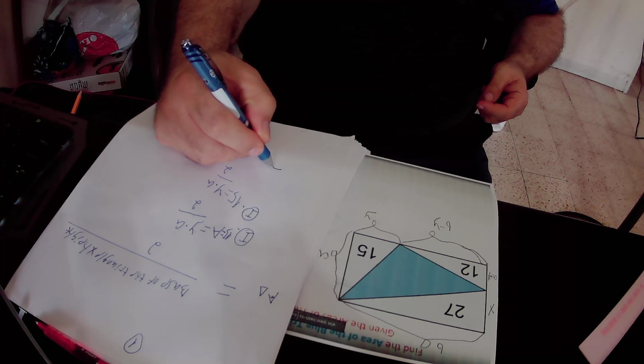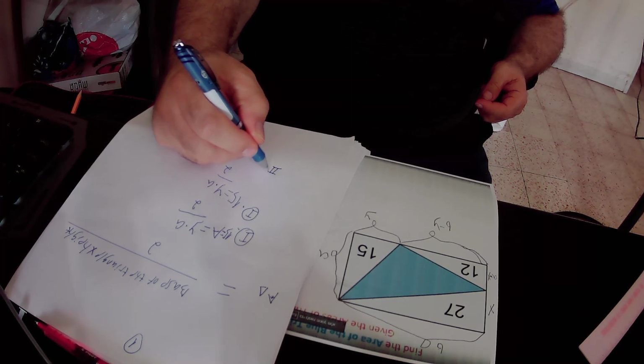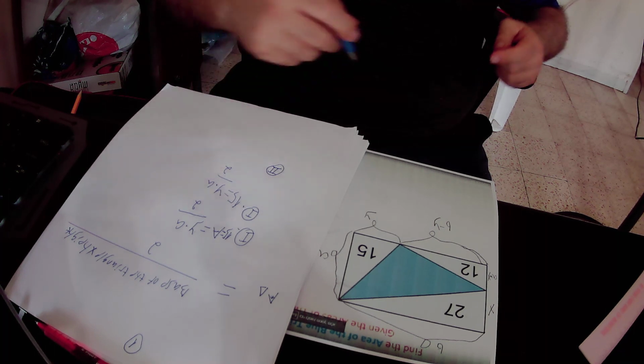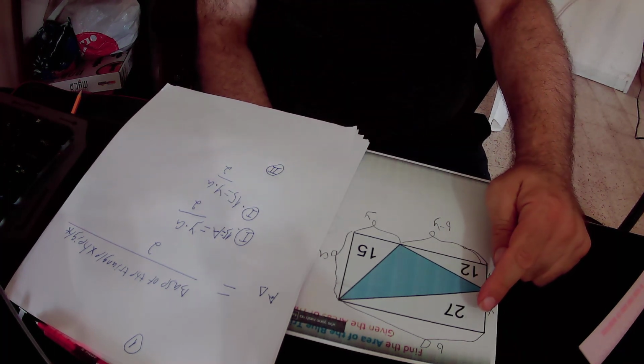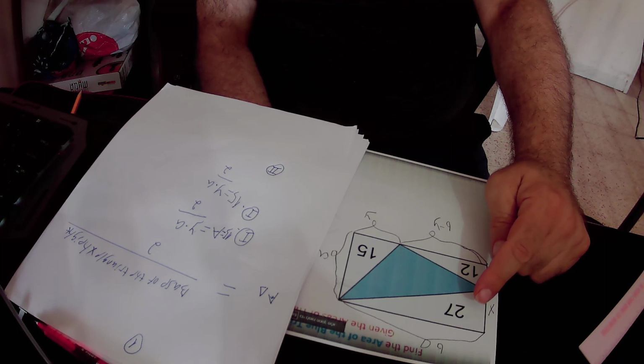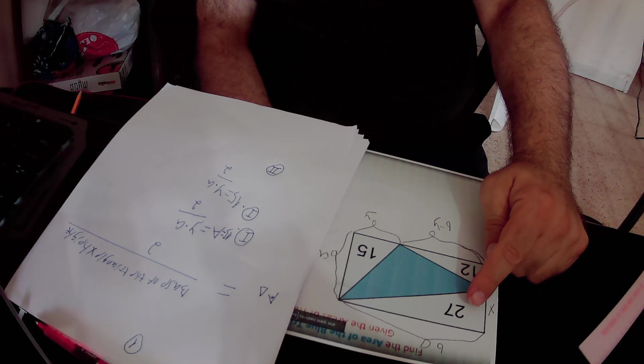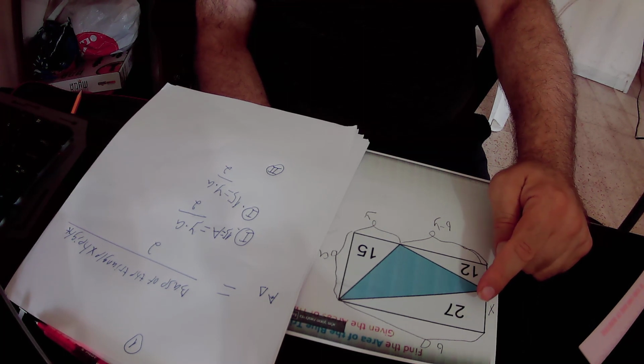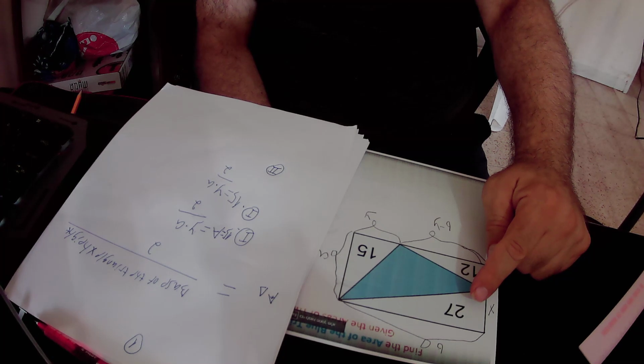Okay, now we will move to this right triangle and we will create the formula for the area of this right triangle, whose area we already know equals 27 units.